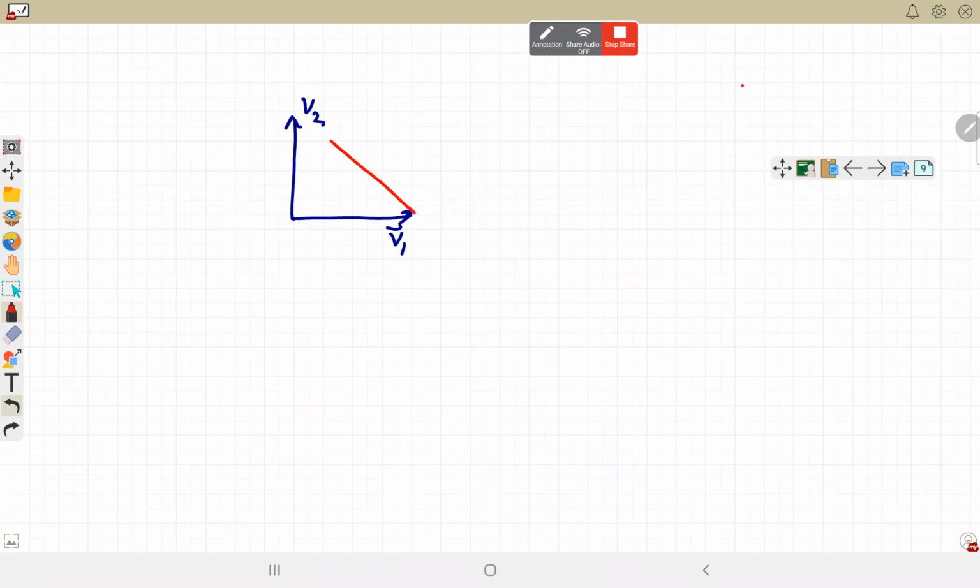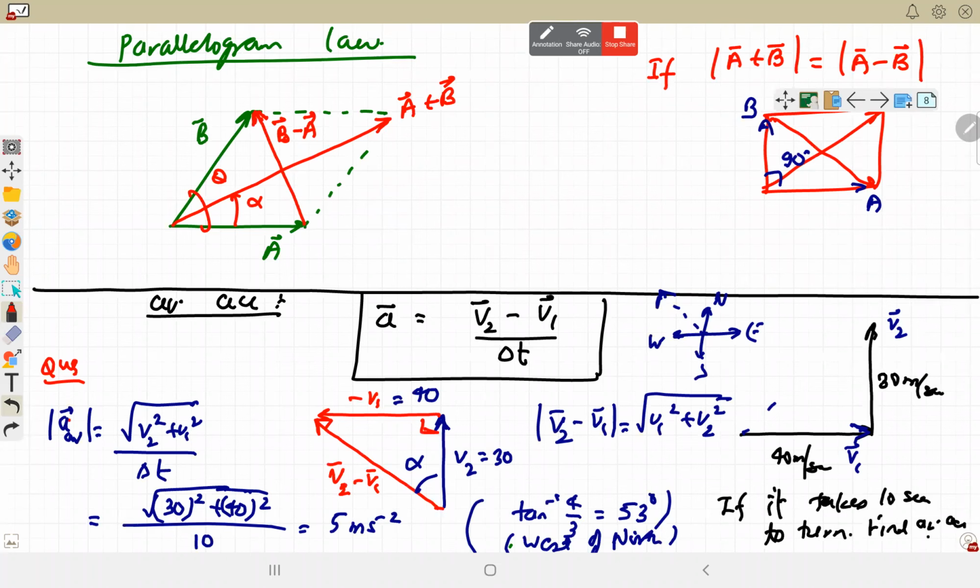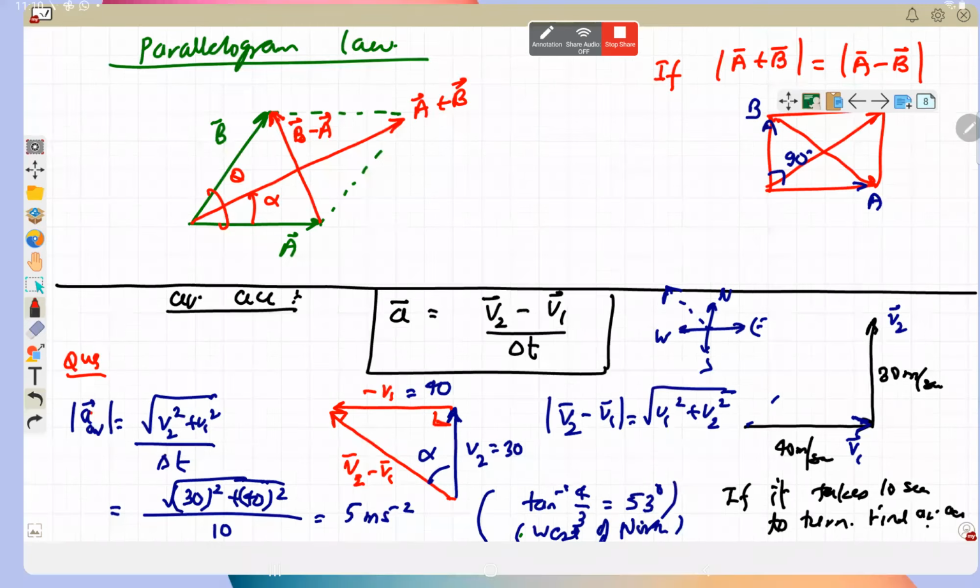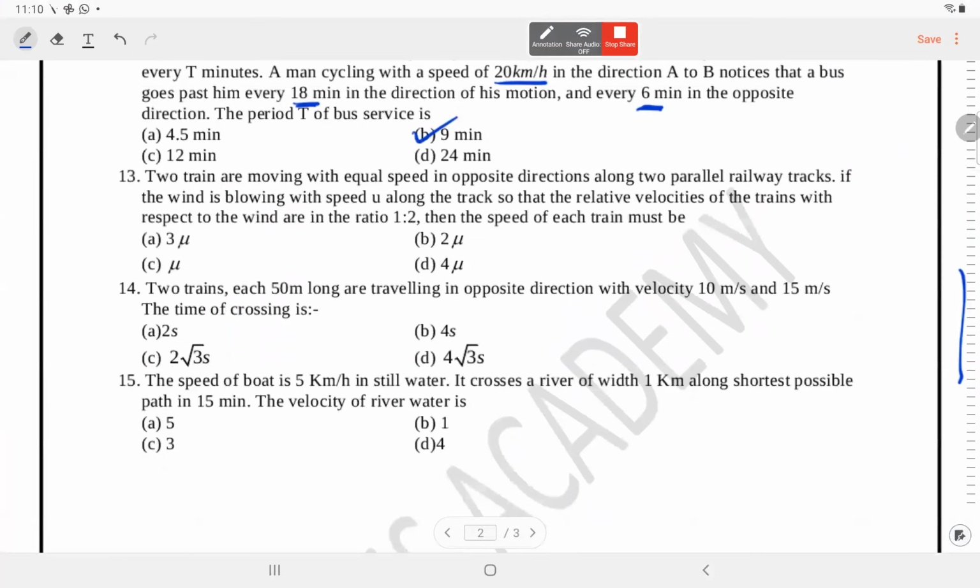When we join the heads of the two vectors, that gives the difference. It will be the same thing again. So either use the parallelogram method or the triangular method, it will give the same thing, by using geometry. Average acceleration in terms of i, j, k is similar to any of the other variables, right?